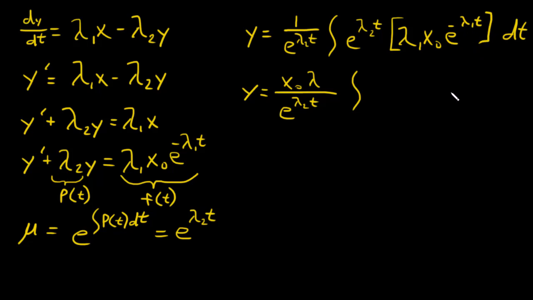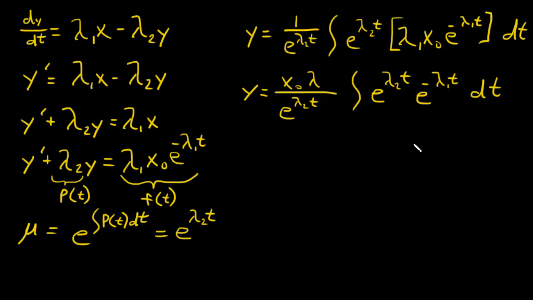So I'm going to rewrite this as the integral of e to the lambda 2 t times e to the negative lambda 1 t dt. Okay?